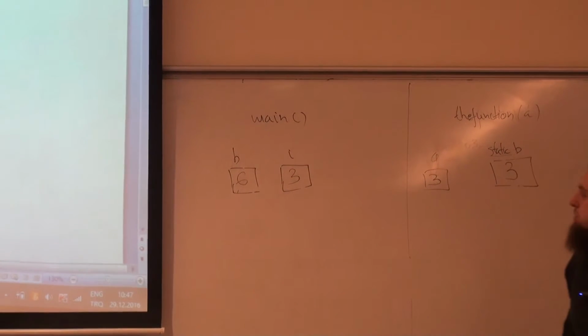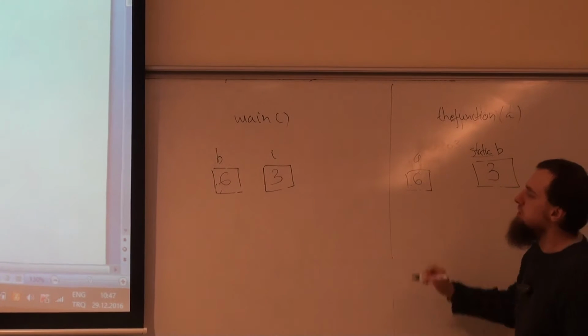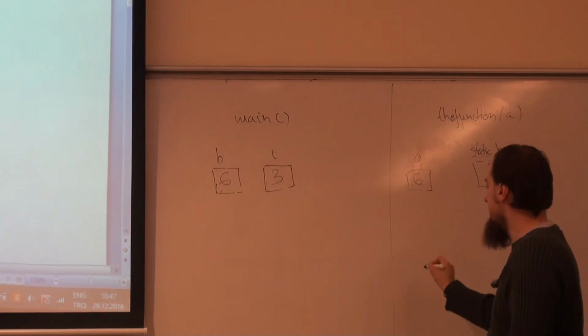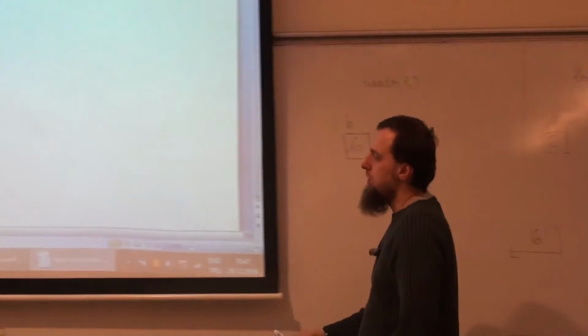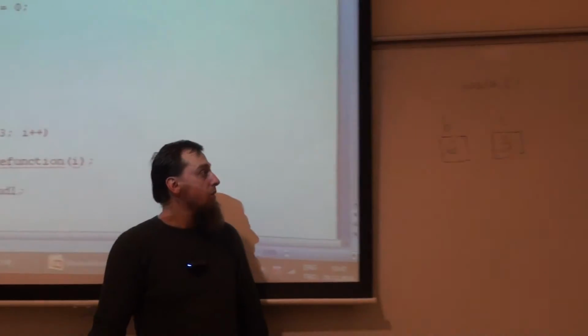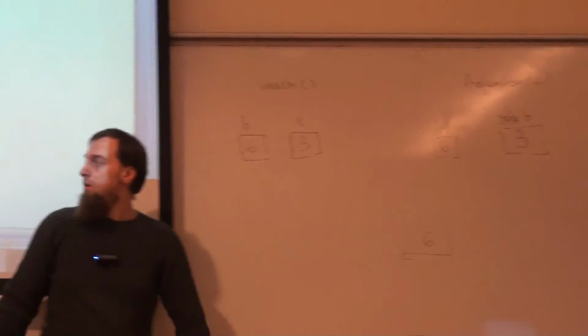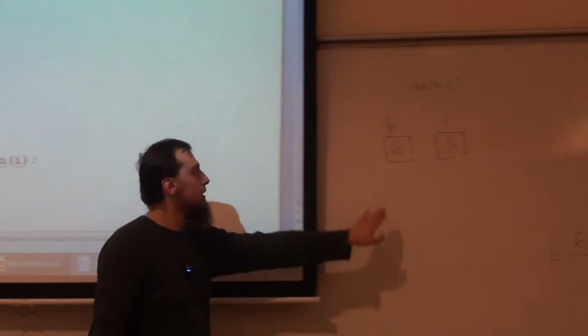We say a is equal to a plus b. 3 and 3, it's 6. And that value is assigned to a. And we return a, meaning we return 6. So here we have 6, the return value. 6 plus, what's the value of b? It's 6. 6 and 6 is 12, and that 12 is assigned to b.